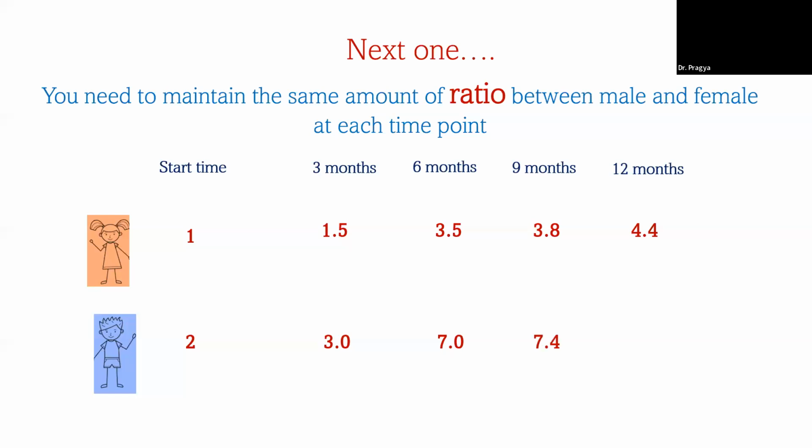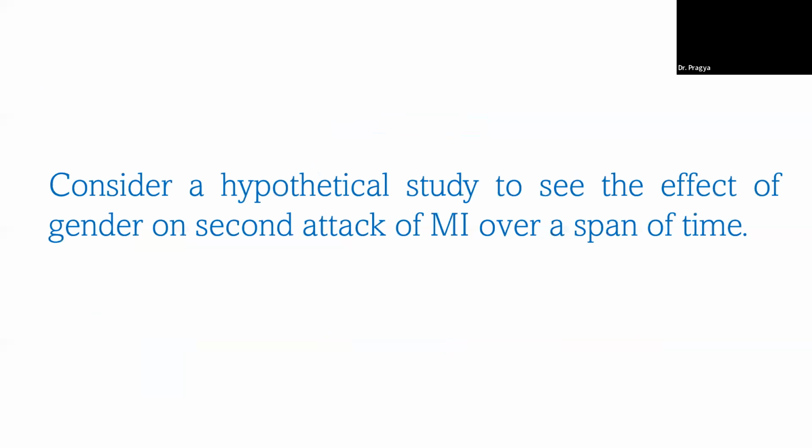And in case of 3.8, it will be 7.6, yes. But what I have written is 7.4, and it is 8.8. So nearly the same across at 9 months. There is a slight difference, like 7.4 instead of 7.6. But can I say that the ratio between male and female is constant across each time point?